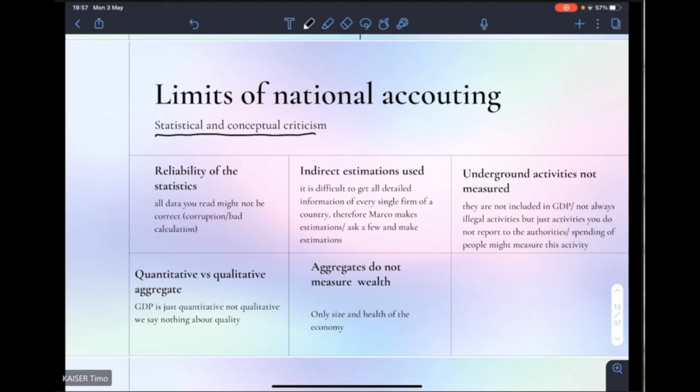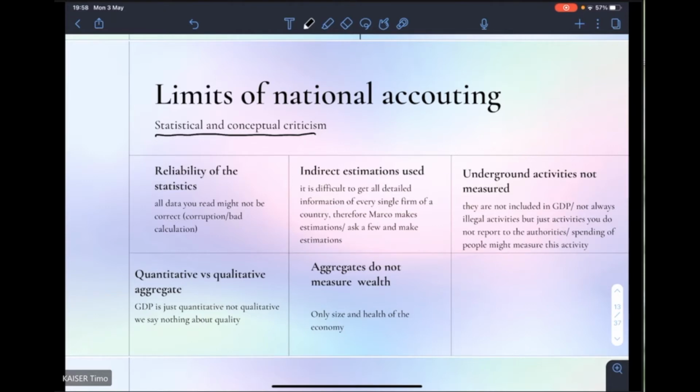It might be just that they're bad or incorrect in some countries, which would then be wrong in the long run. Also, the indirect estimations that are used, so you can't get all the information of every single firm of every country. Therefore, you just take a few and then make estimations, which will in the end, of course, lead to not the 100% correct answer.